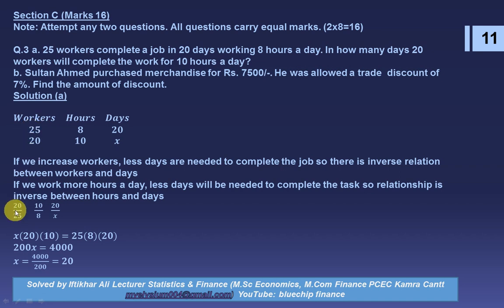After that, if we work more hours a day, fewer days are needed to complete the job. So once again, there is an inverse relation between these two variables. So the order should be changed. So 10 by 8, and the rest is the same, 20 by x.